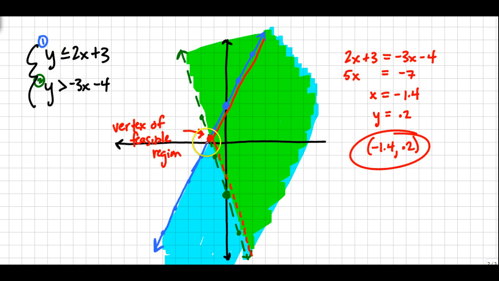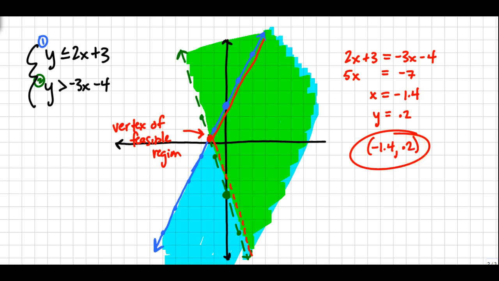So I'd add 3x to both sides to make the 5x, subtract 3 from both sides to make the negative 7, divide by 5 on both sides, and I get x equals negative 1.4. If you plug that back into your equation, you'll be able to solve for y of 0.2. So that's where those two lines cross each other. They cross at negative 1.4 and 0.2.